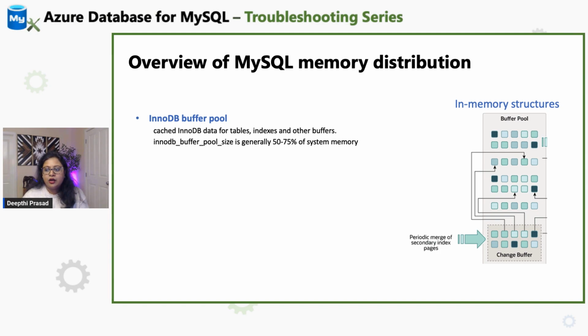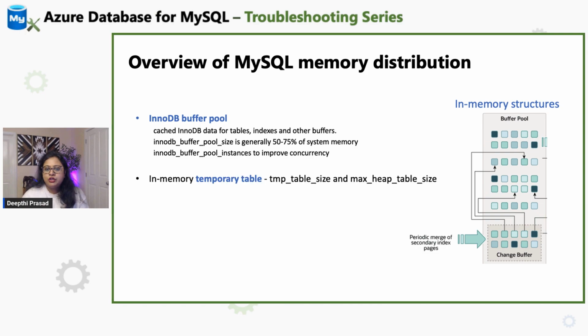But that said, on systems with larger memory, one can further improve consistency by splitting this buffer pool into multiple buffer pool instances. There is another system variable called innodb_buffer_pool_instances to configure this dynamically as well.